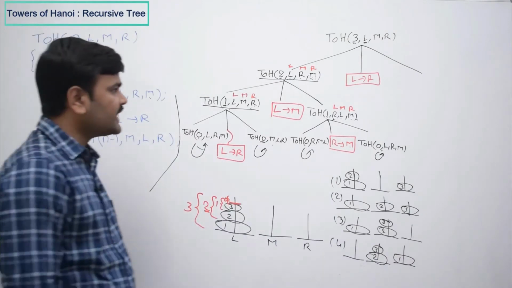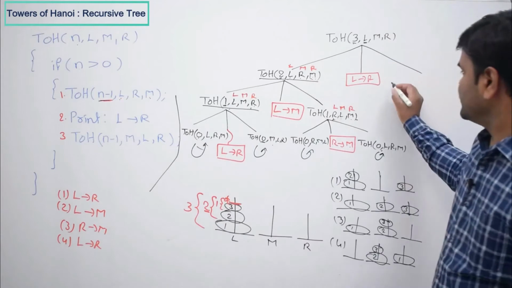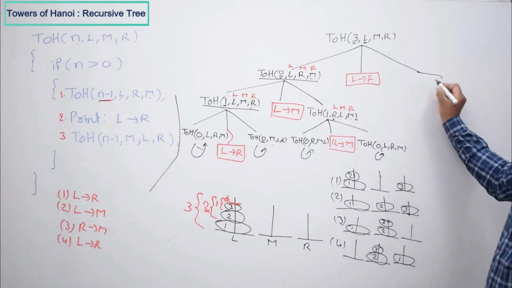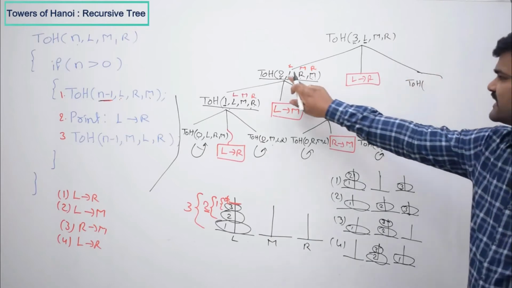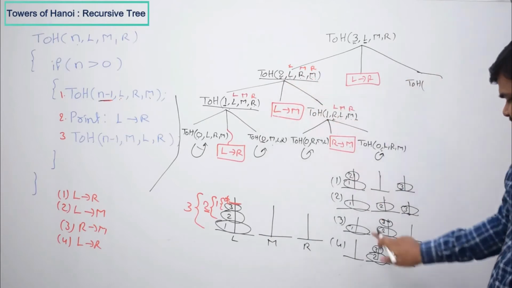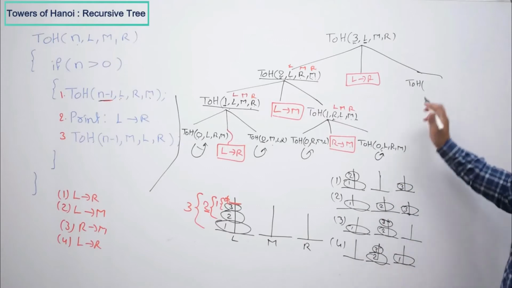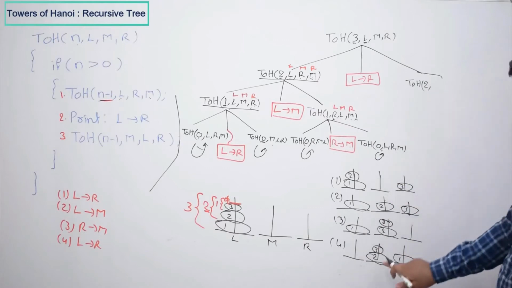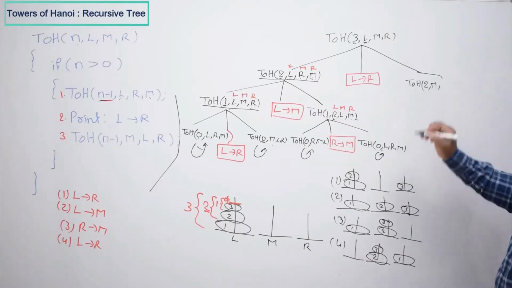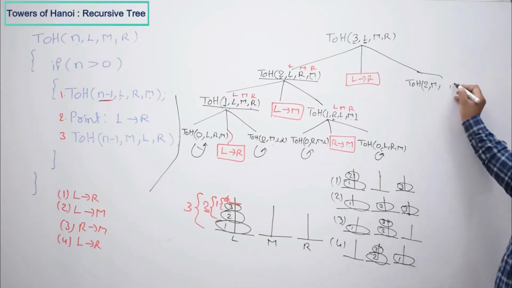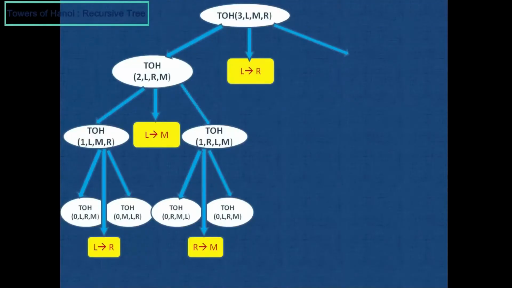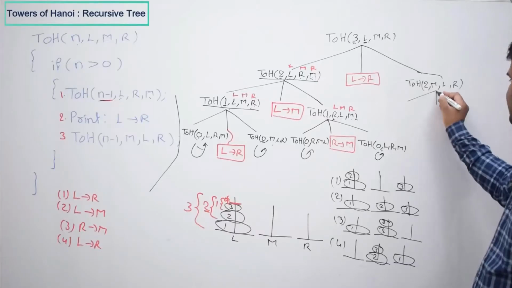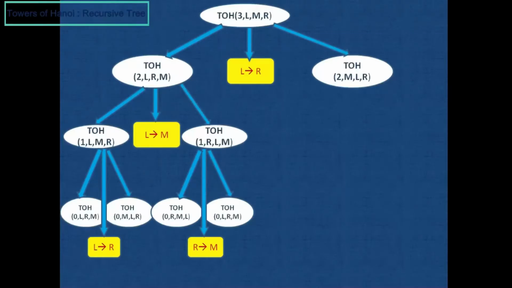Now in the same way, here if you observe, Towers of Hanoi, these 2 disks now exist at M. From those 2 disks, you have to shift from M, the source is M, to R actually, by using tower L. In the same way, you complete the first statement, second, third, because n is 2, the condition is true.